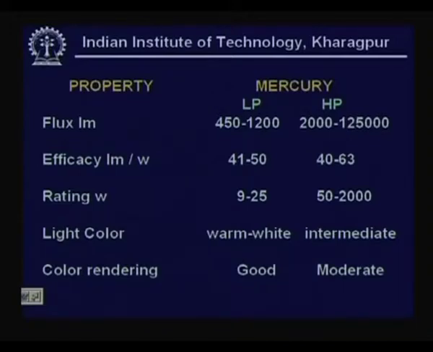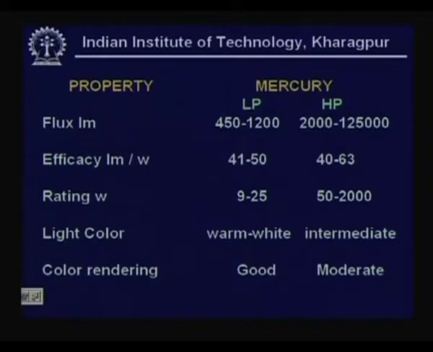to give comparable performance. If you look at the high pressure mercury vapor lamps, they have some 2000 to about 125,000 lumens. The efficacy wise, they are comparable, both low pressure and high pressure, ranging from 40 to 50 lumens per watt. We have still not reached very high levels, remember that.